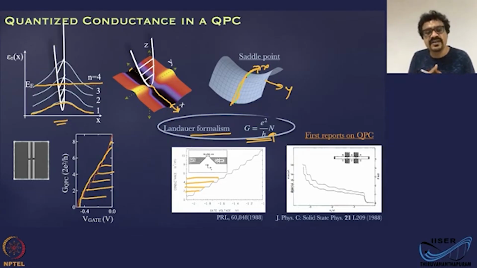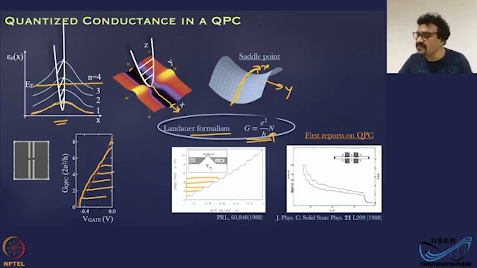In the absence of any applied magnetic field, you have both spin up and down going through a channel. So every quantized channel corresponds to 2 spin channels. So this N will be 2N, or you can say 2e square by h instead of e square by h. That is what you are seeing here.